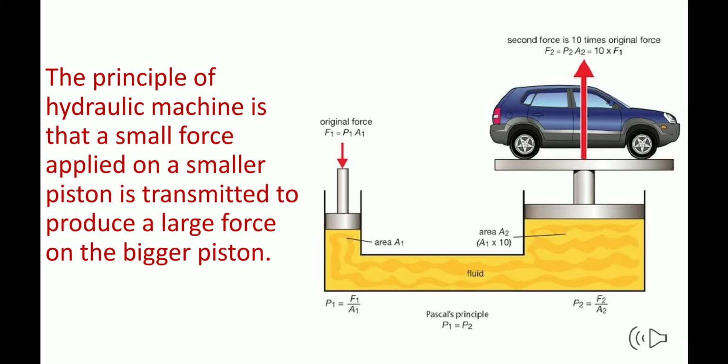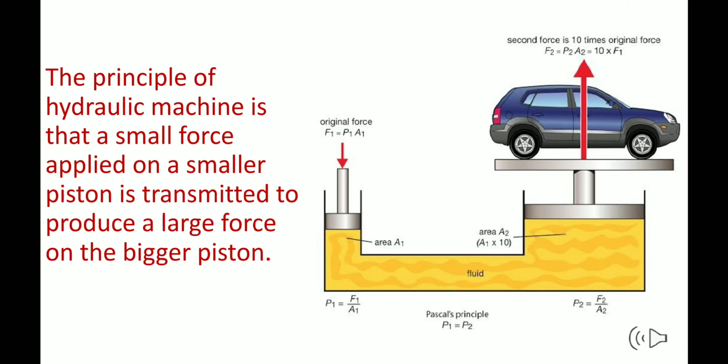Now what will happen? Force F1 has been applied and we know that pressure is equal to force upon area. So F1 will be P1 into A1. Yes, we'll cross multiply. So F1 will be P1 into A1.